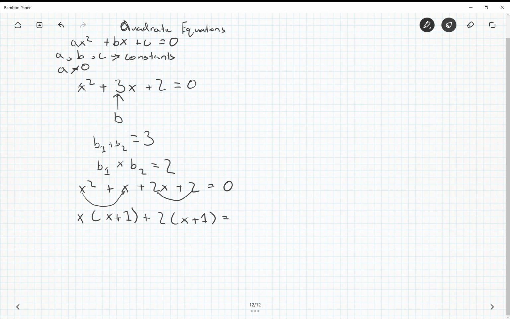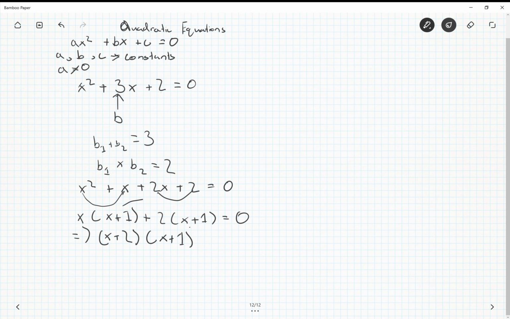What have we noticed here? These two are the same. Therefore, our equation would equal x plus 2 times x plus 1.